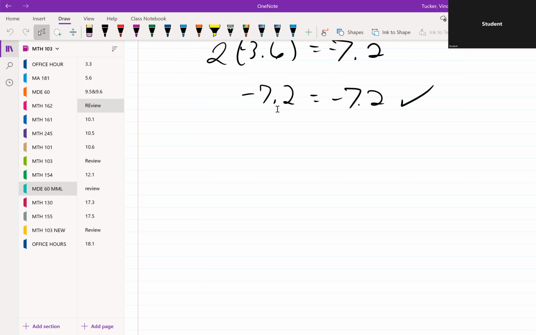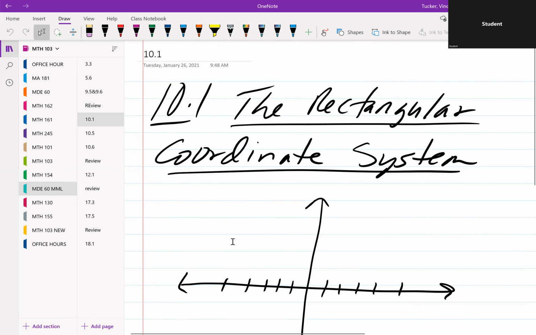All right, so let's look at 10.1, Rectangular coordinate system. That's the title.